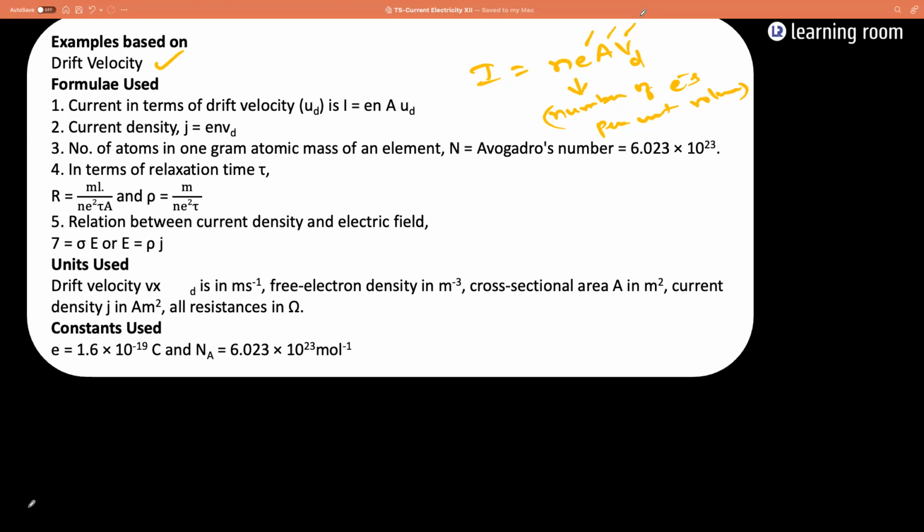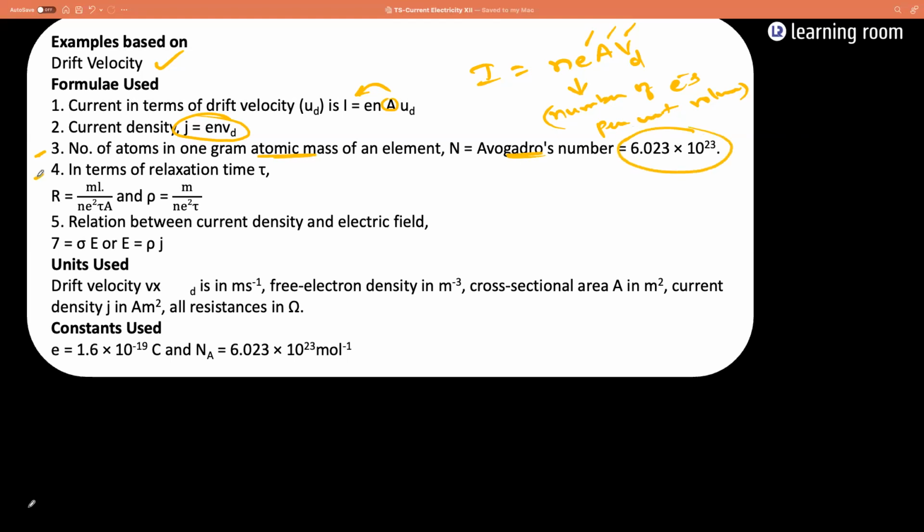Then, if you want to write the current density, you write it as J is equal to e n v_d, because A will come to the left hand side, and I divided by A gives you current density. This is a very rare scenario if at all they ask. Number of atoms in 1 gram atomic mass of an element is equal to Avogadro number of particles, that is 6.023 into 10 power 23.